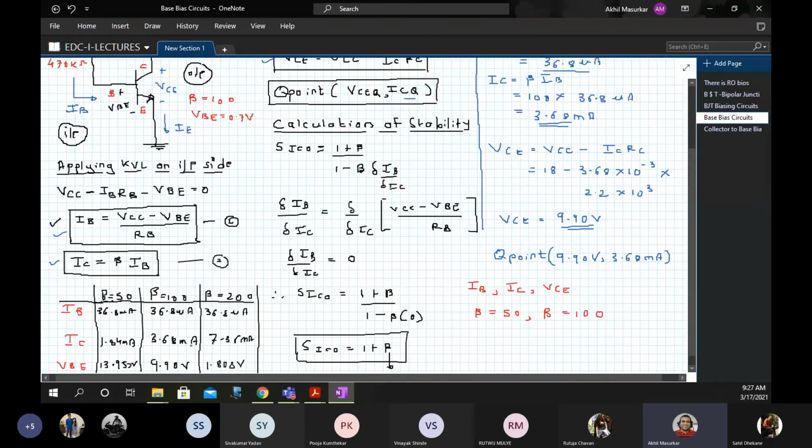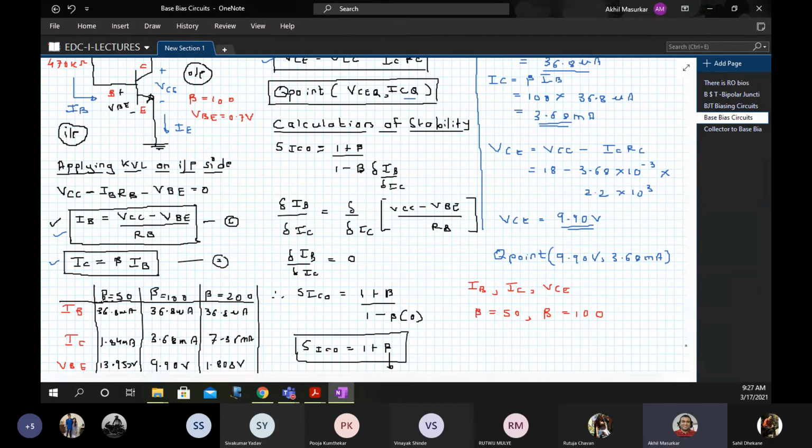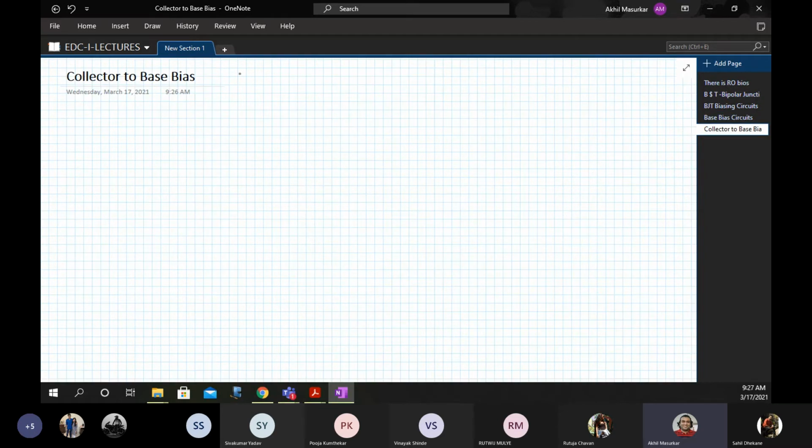So you can see that the Q point changes like anything. The values are not very similar to each other. So this is a horrible biasing circuit when it comes to amplification, but it is very good when it comes to switching. But our focus is amplifiers.